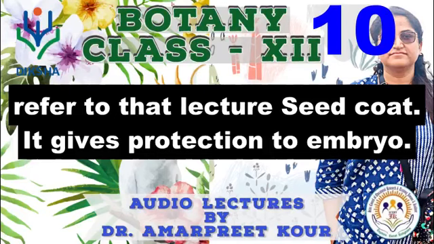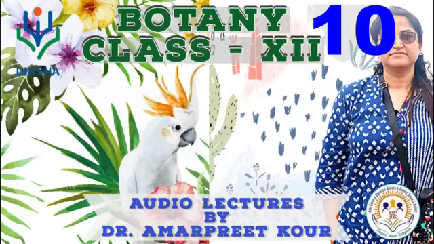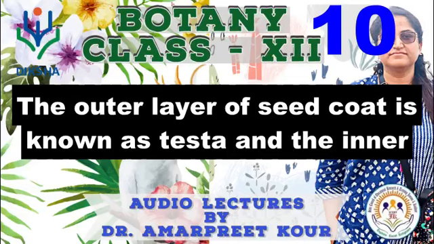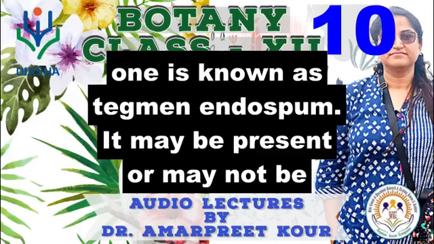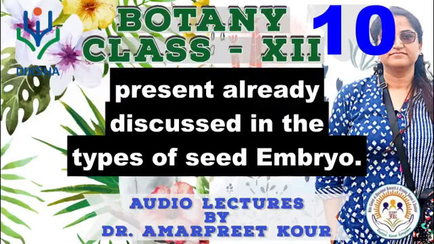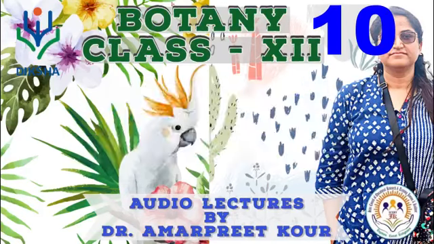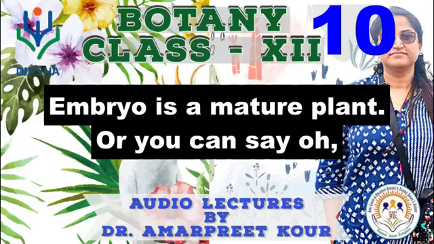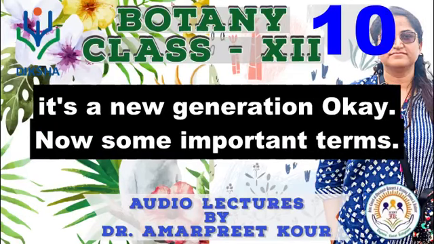The seed coat gives protection to the embryo. The outer layer of the seed coat is known as testa and the inner one is known as tegmen. Endosperm may be present or may not be present, as already discussed in the types of seed. Embryo is a mature plant, or you can say it's a new generation.